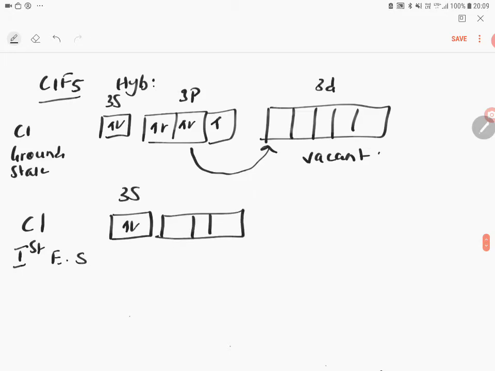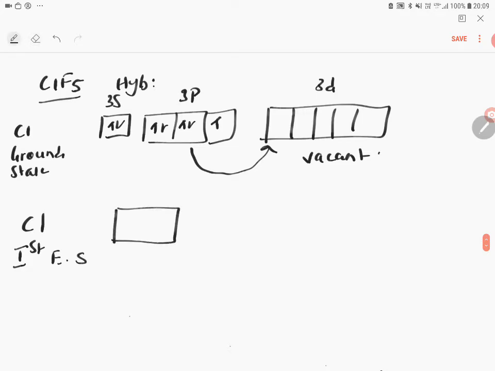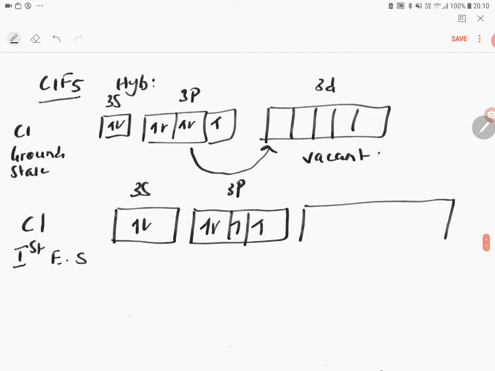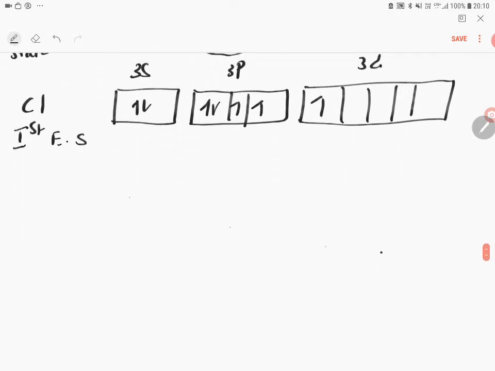For 3p, draw bigger boxes. Instead of 5 you will have 4 electrons, and in 3d you will have 1 electron. This is the first excited state.